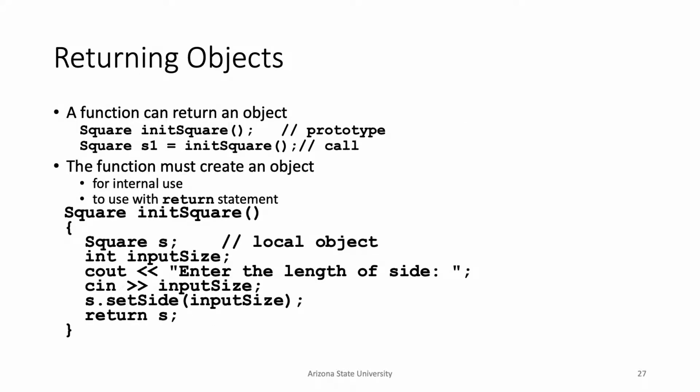Okay. You can return objects from a function, so instead of just passing it to an object, you could return it. So look at this example here. Maybe what you want is, instead of declaring an object in the main function, what is called a factory method. A factory method is where you have this factory and it's just shoveling out objects for you.